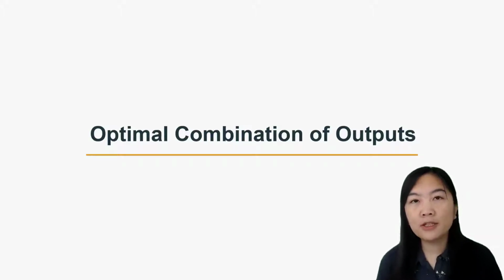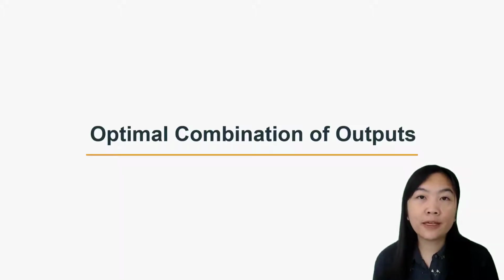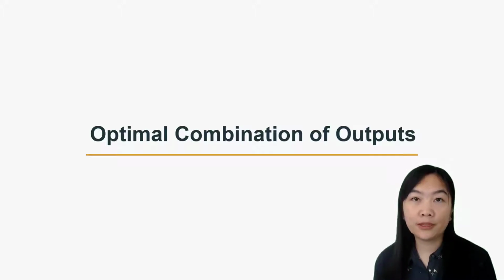So from this name, you can tell that there are multiple, or at least two, outputs, and you need to find a combination that is optimal. So what is optimal? Remember, for the optimal input combinations, when we have two inputs and one output, we do a cost minimization.